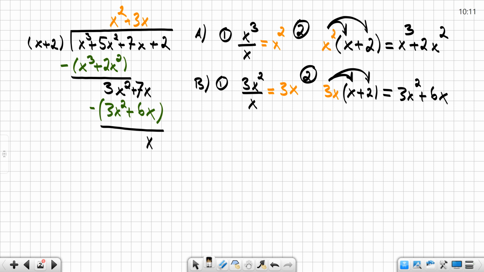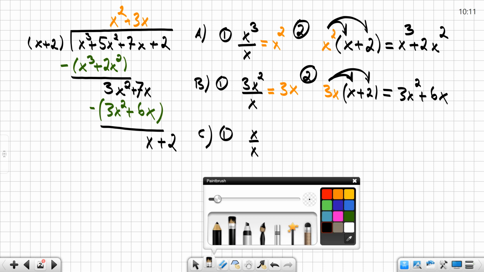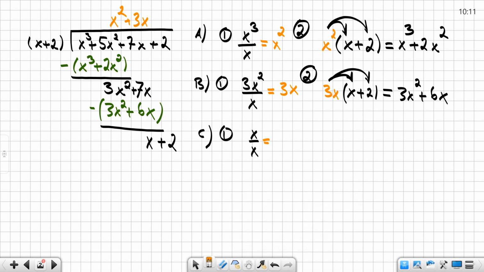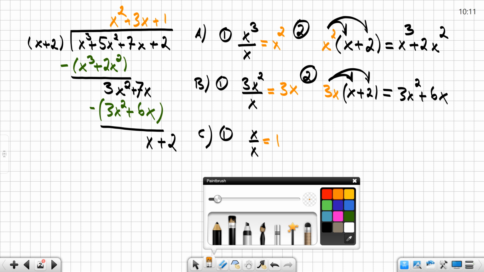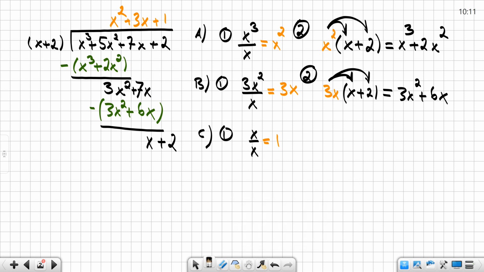And I'll do it again. First step, x goes how often into x? Hold on, there's the 2 that I can still bring down. X goes how often into x? Well, x divided by x, what is this equal to? Well, this is exactly 1. Plus 1. Now I'm going to do exactly what we have done the last 2 times.